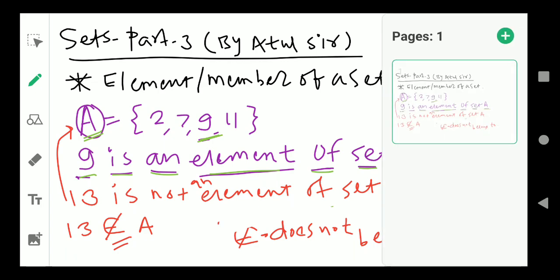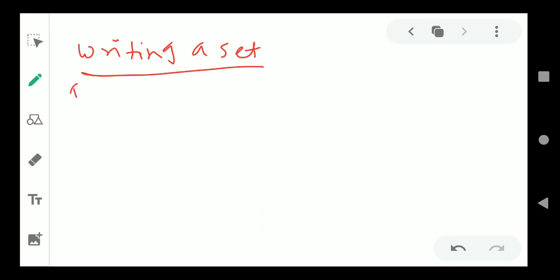Okay. Let's take another concept, writing a set. So for writing a set, we use different methods. The first method is called list method or listing method.